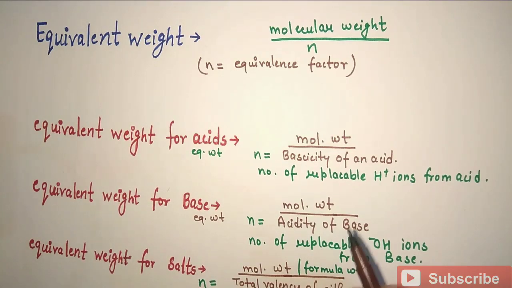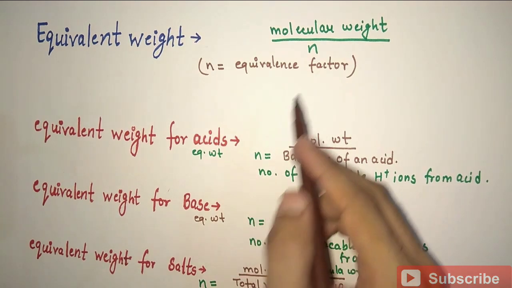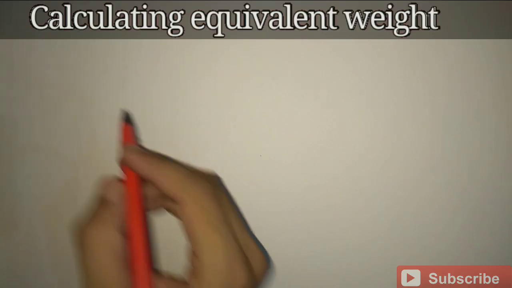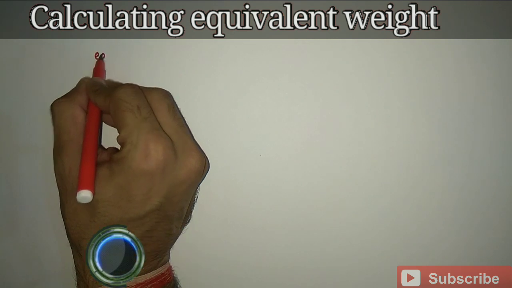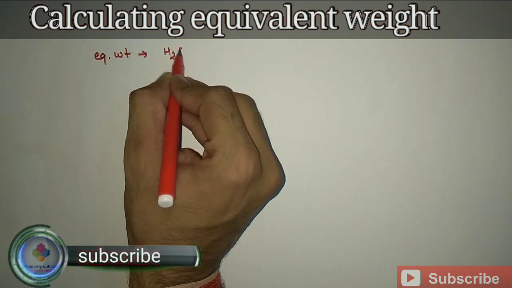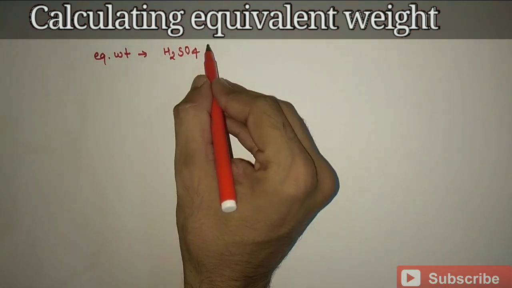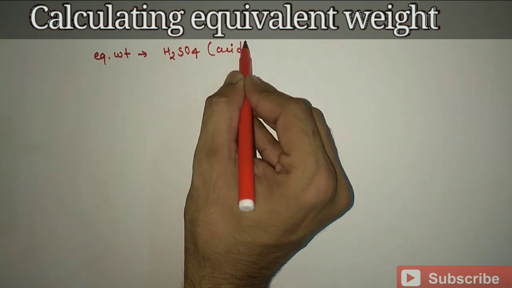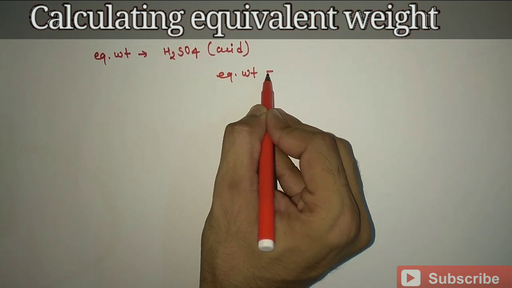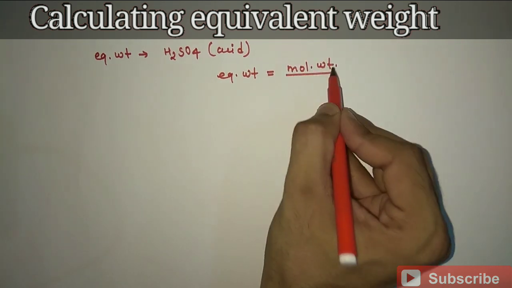Let's take some examples so that you can understand better how to find out the equivalent weight. Now, let's suppose we have to find out the equivalent weight for H2SO4. Since H2SO4 is an acid, the formula for equivalent weight for an acid is molecular weight divided by the basicity.